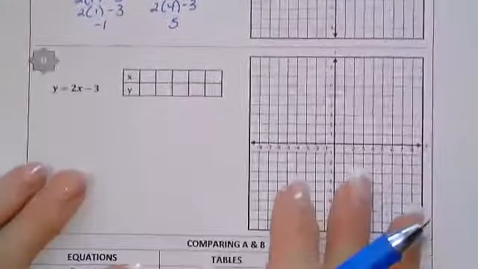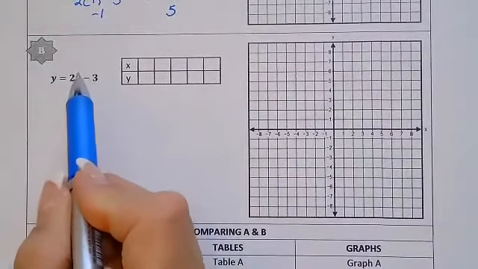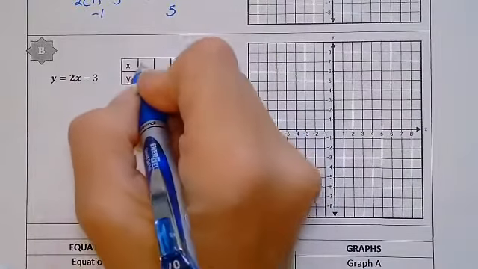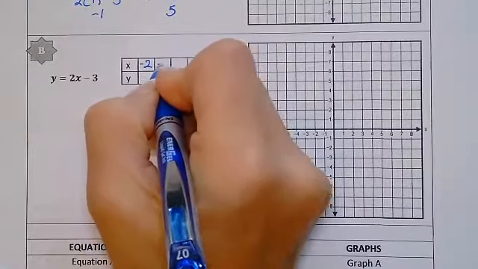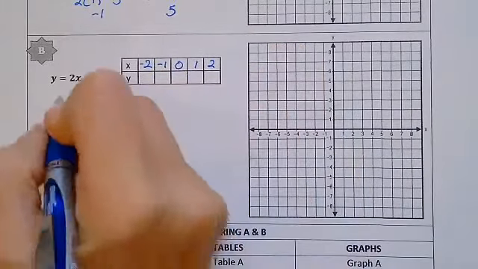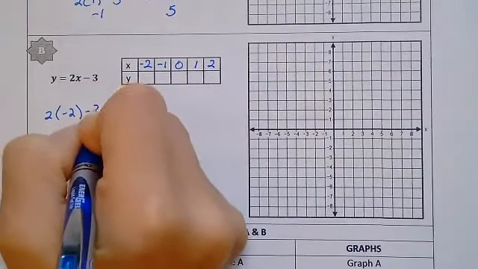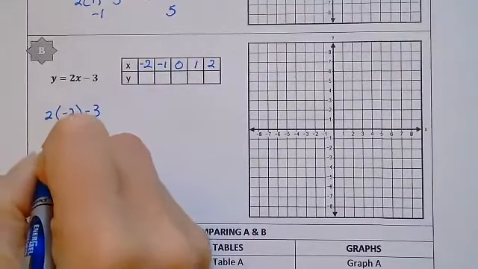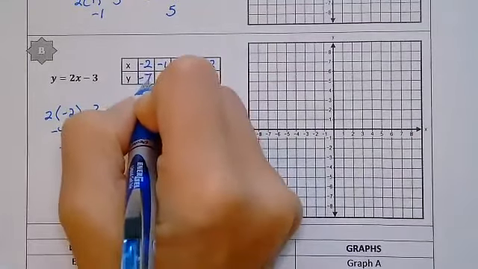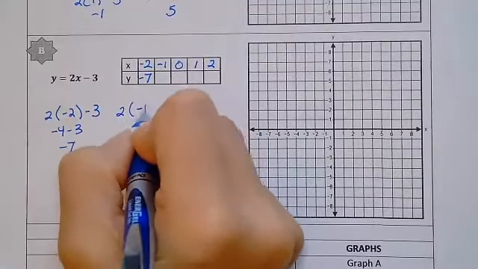Let's go to B. So this is the same equation we just did, except there's no exponent with x. So we're going to do the same values, -2, -1, 0, 1, and 2, and substitute 2 times -2 minus 3. So that's a -4 minus 3, which is -7. Now we're going to substitute -1.